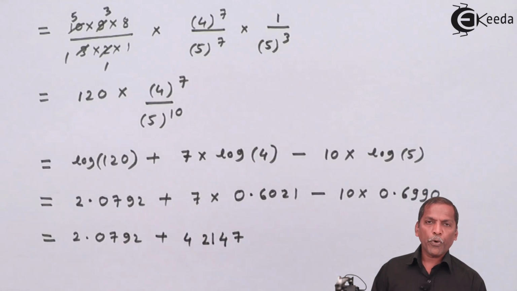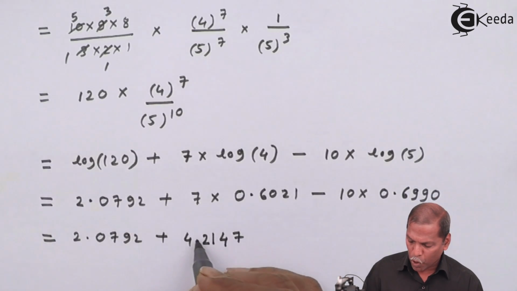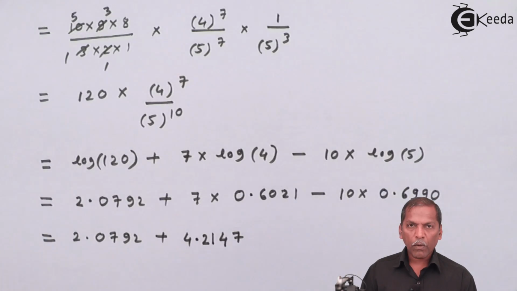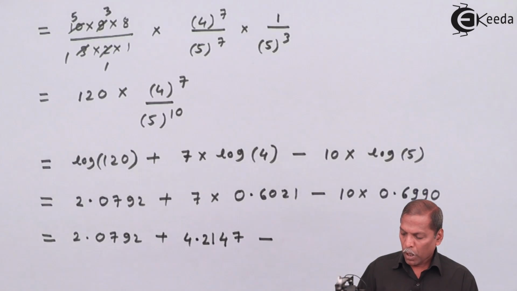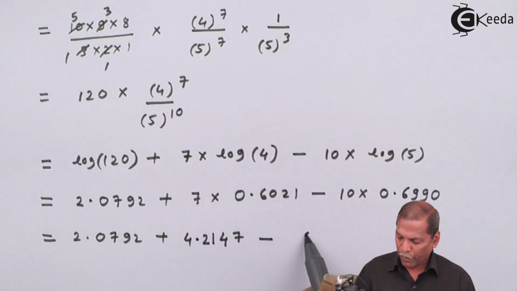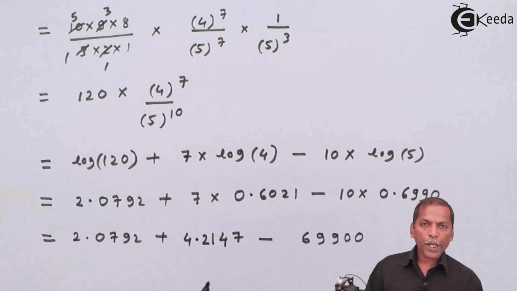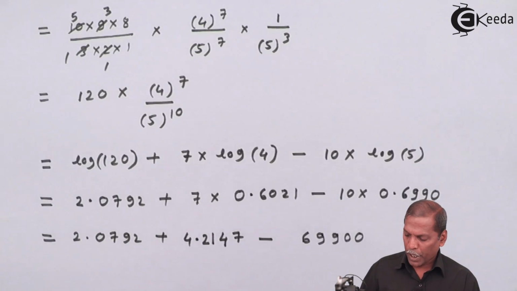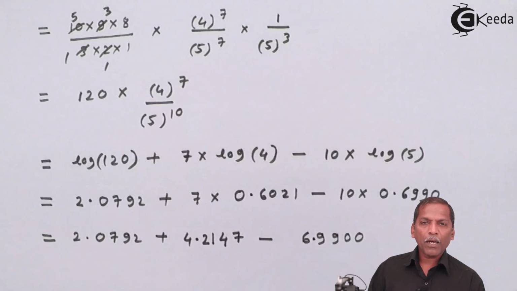Then we put the decimal after 4 digits. It means 4.2147. Then minus 0.6990, which we have to multiply with 10. On multiplying with 10 we get 69900, and we put the decimal after 4 digits. It means 6.9900.